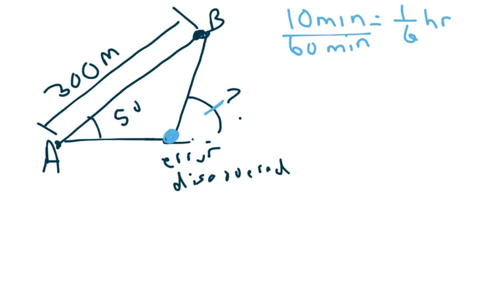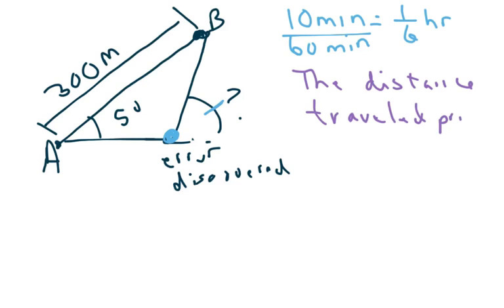Okay? Then we need to know that the distance traveled prior to the error is 420 times 1/6, and that gives you your 70 miles per hour.